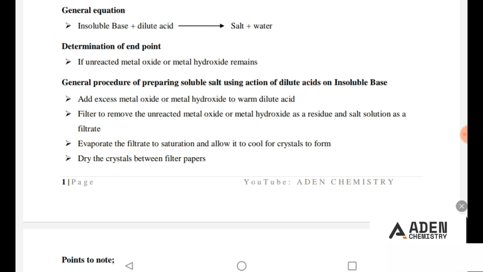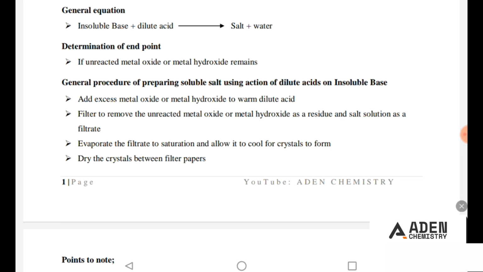Initially, we were not having the word warm. We're adding it now. Roman 2, we filter to remove the unreacted metal oxide or metal hydroxide as a residue and salt solution as a filtrate. Then evaporate the filtrate to saturation and allow it to cool for crystals to form. Then we dry the crystals between filter papers if purity is required.